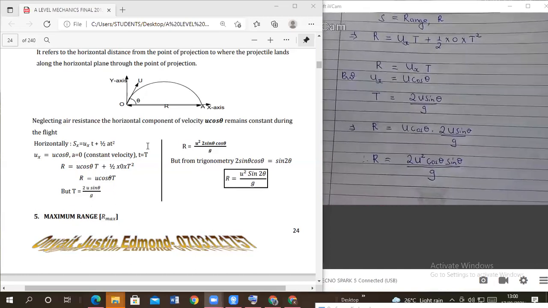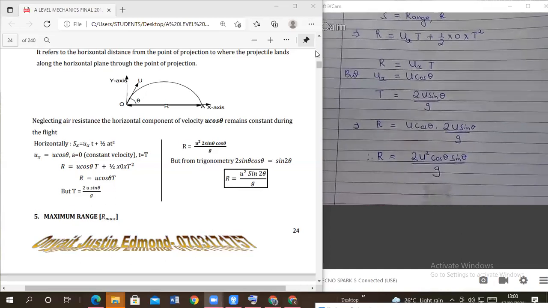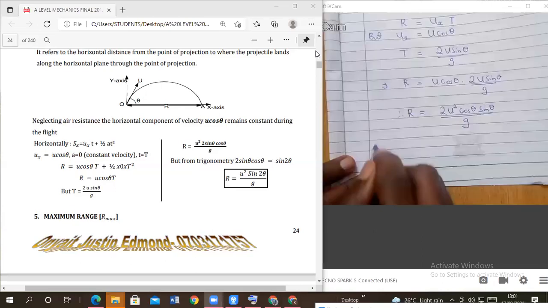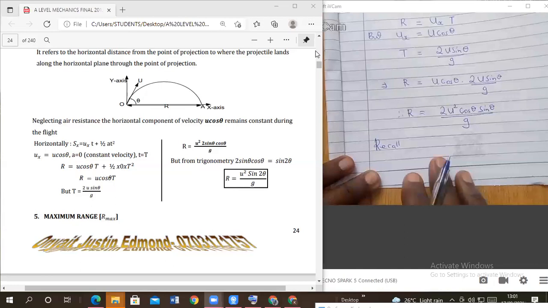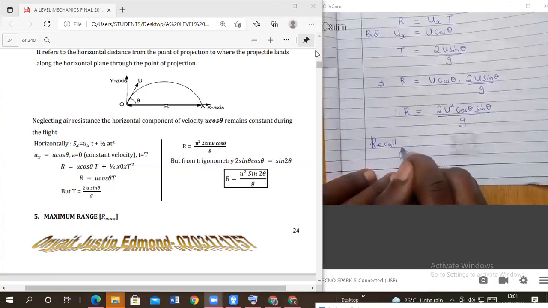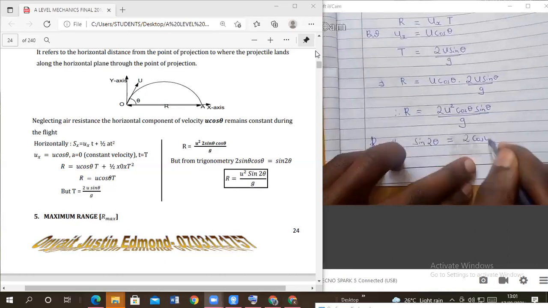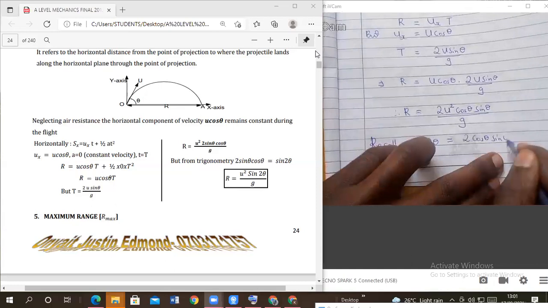There's something I've seen in this formula here, which we can simplify further. I'm seeing 2, then I'm seeing cos and sin combined. Is that not double angles? Recall: sin 2 theta is 2 cos theta sin theta.